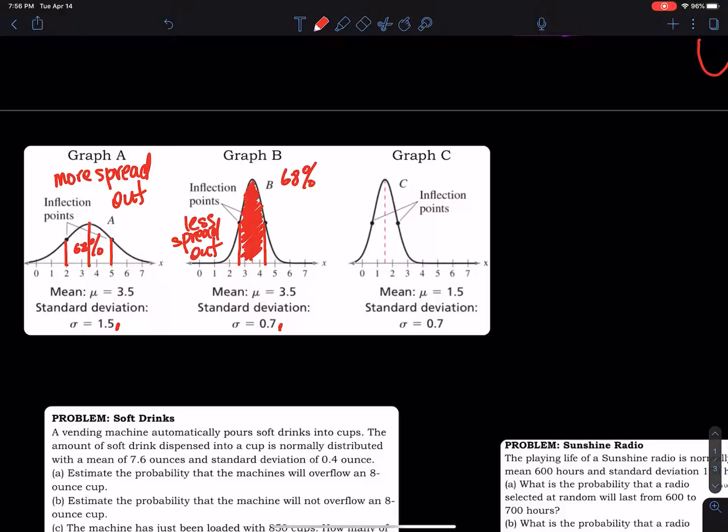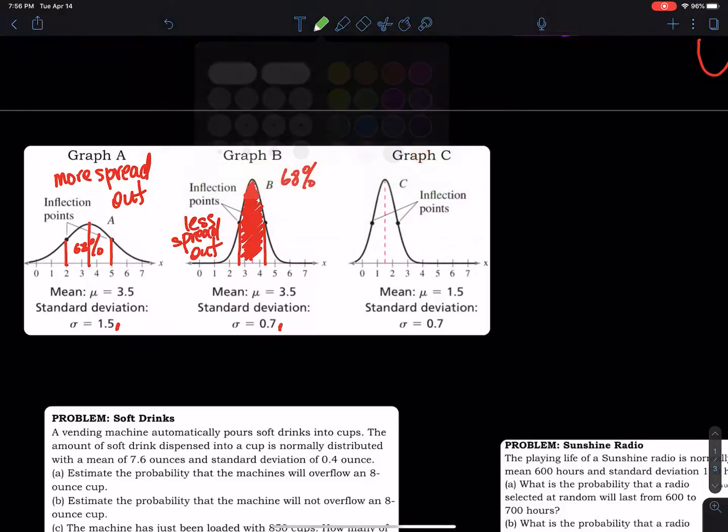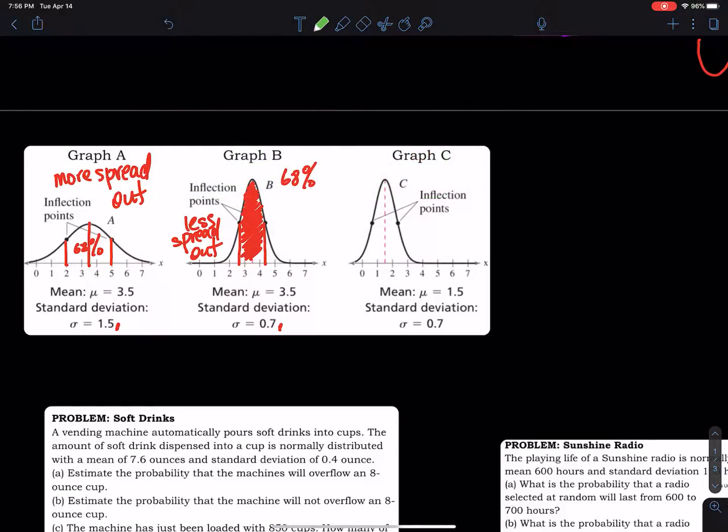Let's compare graph B and graph C. What do you see here? The mu, 3.5 and 1.5. The sigma, this time the sigma is no change. So the spreads are the same. That's why these two graphs are equally steep, right? They are both like a tall mountain, right? What about the mu? 3.5 and 1.5.